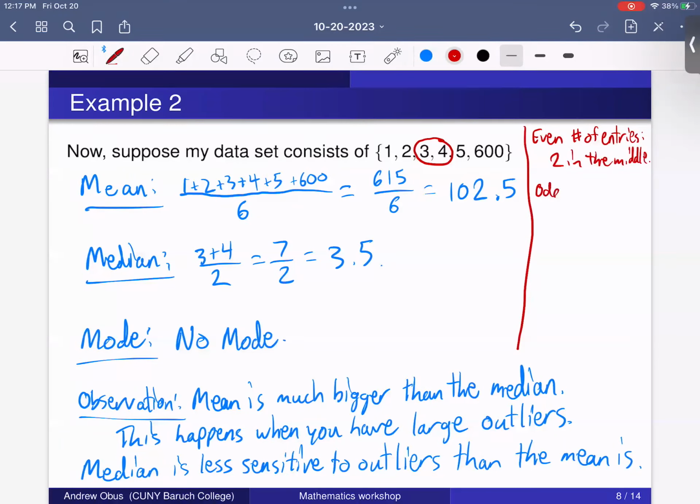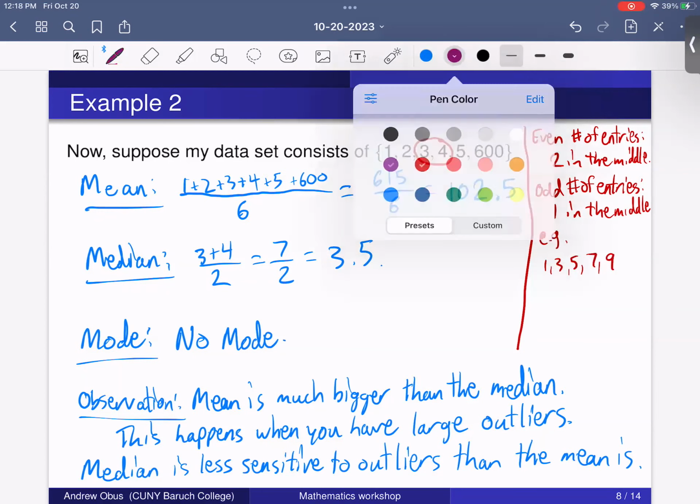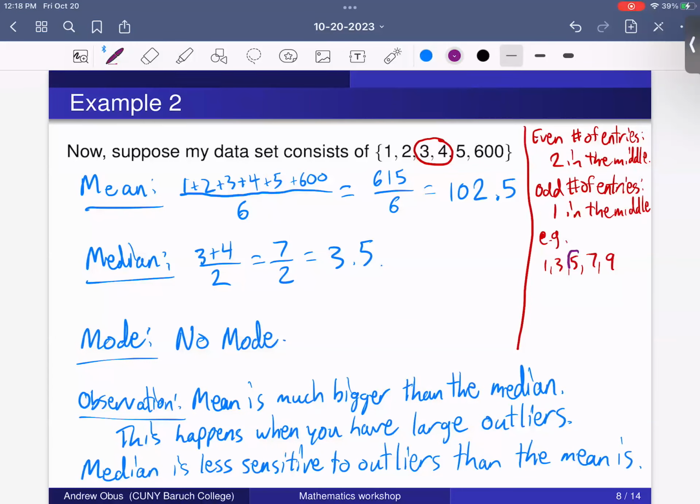If you have an odd number of entries, then there will always be 1 in the middle. For example, if you have 1, 3, 5, 7, 9, this is an odd number of entries, then there will always be 1 entry right in the middle. In that case, that's the 5.